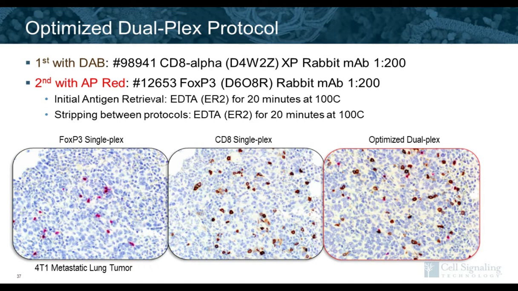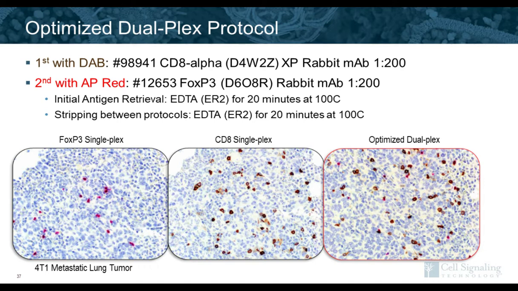So it was kind of nice that we were able to use our antigen retrieval step in between protocols as the stripping step as well. And I'll just note that this staining was performed on the Ligabond RX. And so, of course, the citrate buffer is the ER1 buffer, and the EDTA buffer is the ER2 buffer.